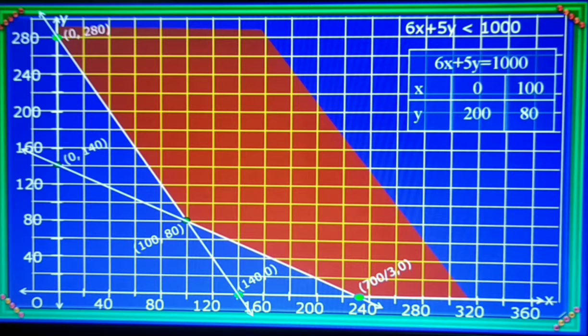When x is equal to 0, y is equal to 200. When x is equal to 100, y is equal to 80. One point with coordinates (100, 80) already exists, and we just have to mark a point with coordinates (0, 200). Through these 2 points, draw a dotted line.